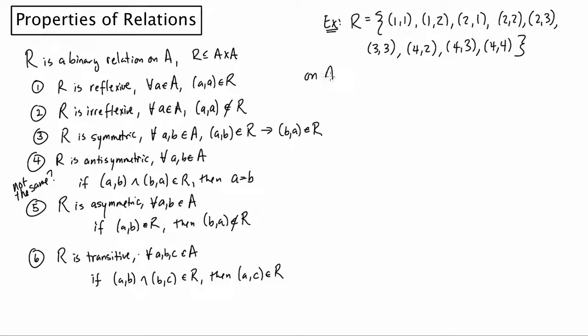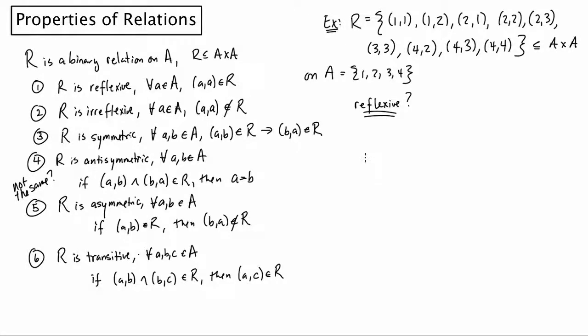It's a relation on the set A consisting of the elements 1, 2, 3, 4. So we don't have to worry about why 5 is not in there, etc. All right? So it's the elements 1, 2, 3, 4, and this is our relation set, which is a subset of A cross A here. All right, so let's talk about these properties. I'm just going to go through three. I'm going to talk about reflexive. So is this reflexive?